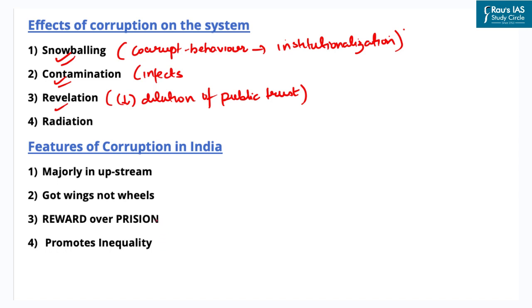At last, corruption also leads to radiation, meaning that corruption in any organ of an organization damages the reputation of the whole organization.